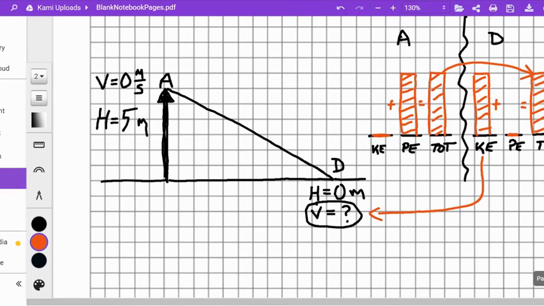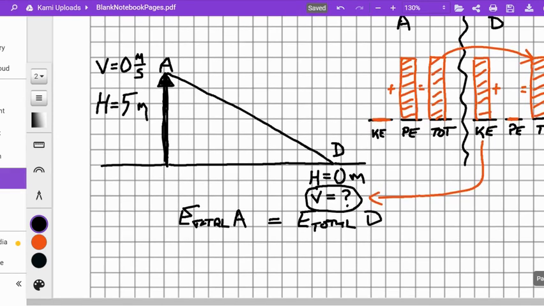So now I'm going to, underneath this, write an equation that's based on my graph. Okay, I'm going to write an A part. All right, so I'm going to put the E total at A, and it better be equal to the E total at D. Sorry, that's kind of messy, but you get the idea.